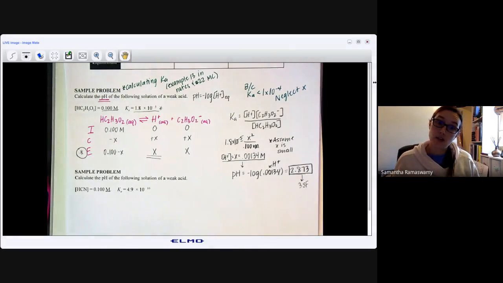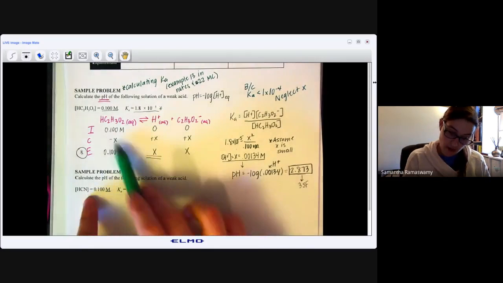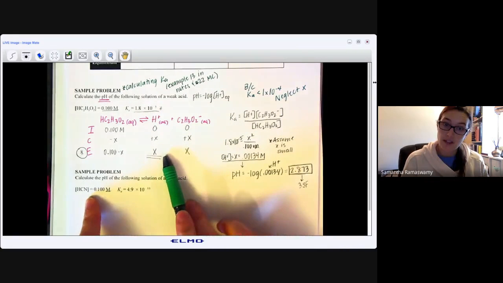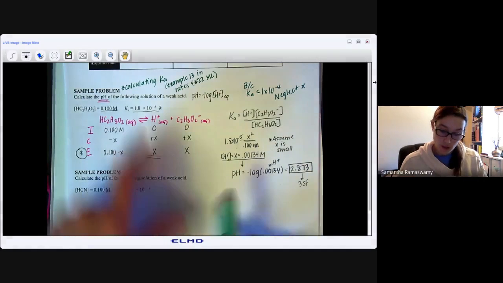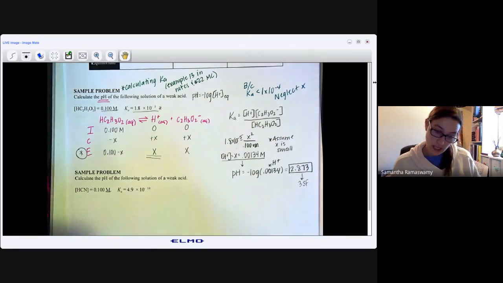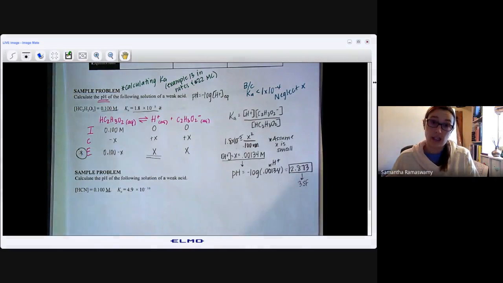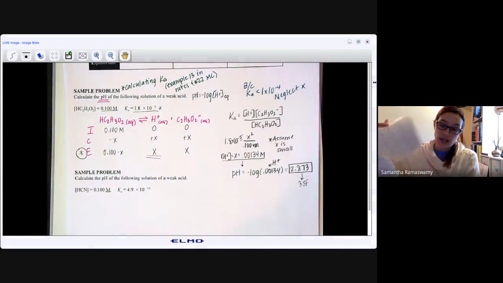It's a little bit different because you don't have x's here. If they give you pH, that tells you H plus at equilibrium. So another skill to make sure you can do with weak acids is to calculate the Ka of a weak acid if they give you pH.